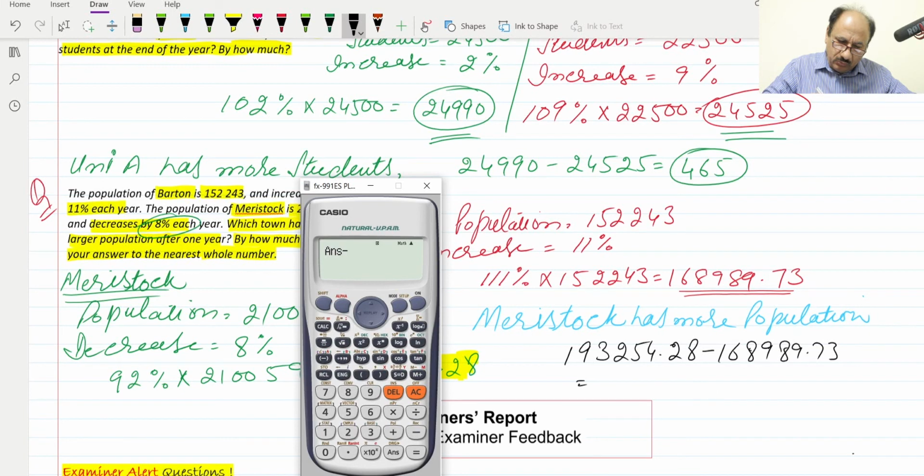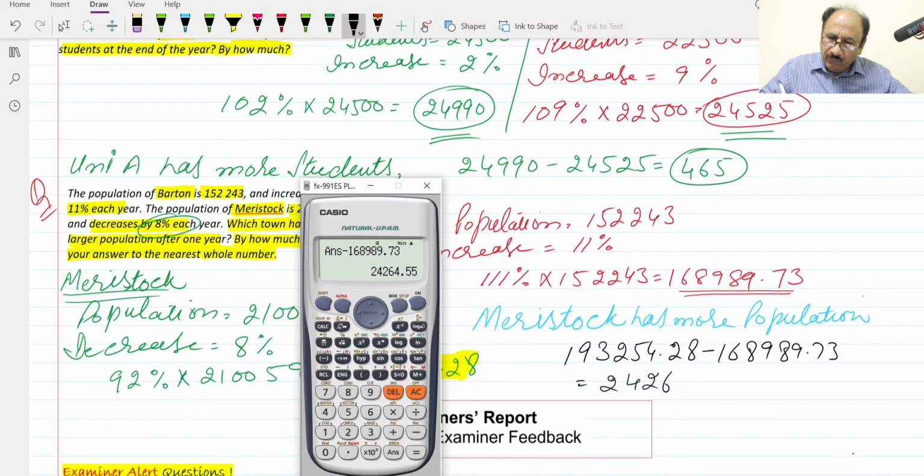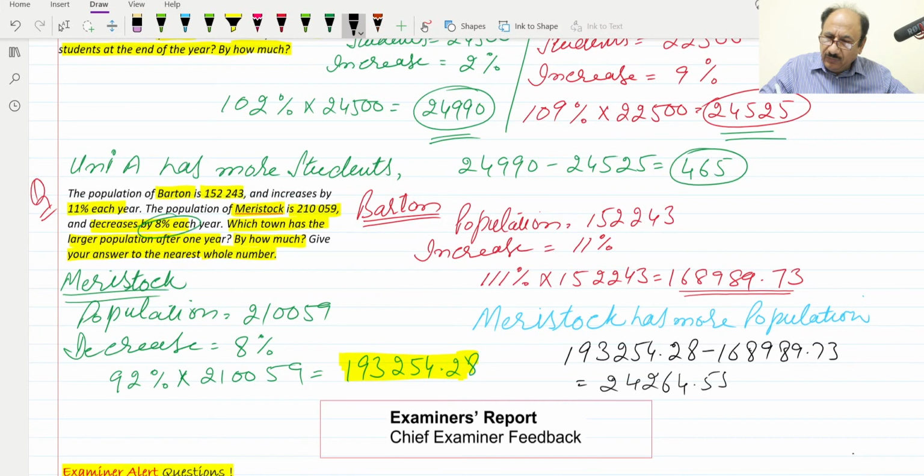So minus 168989.73, and this will be equal to 24264.55, and we can round this answer as 24265. This will be our final answer for this question.